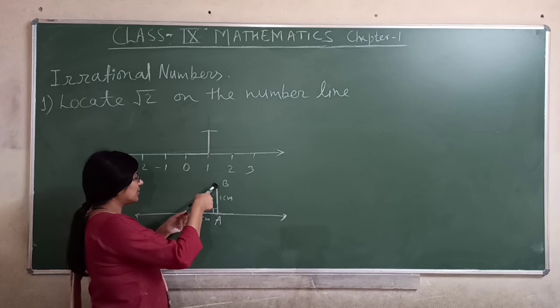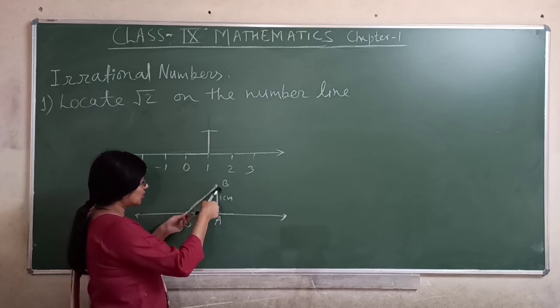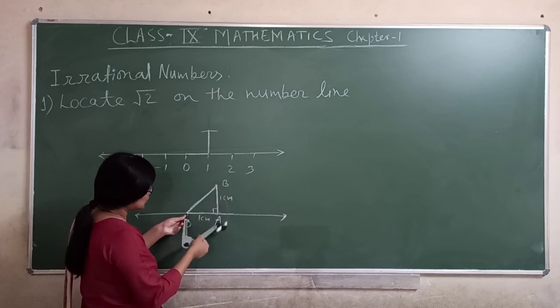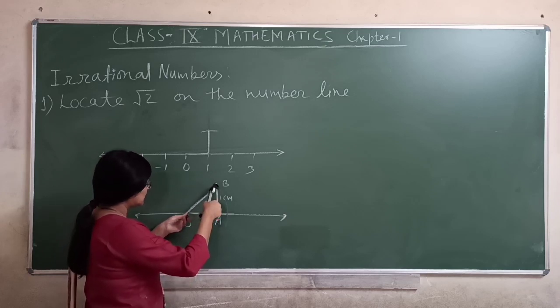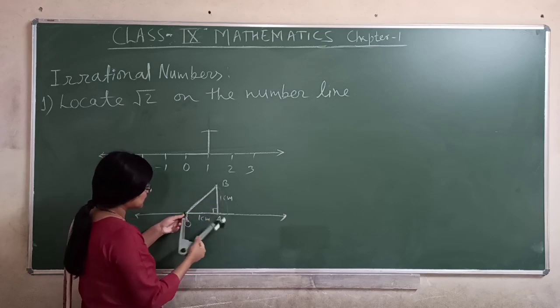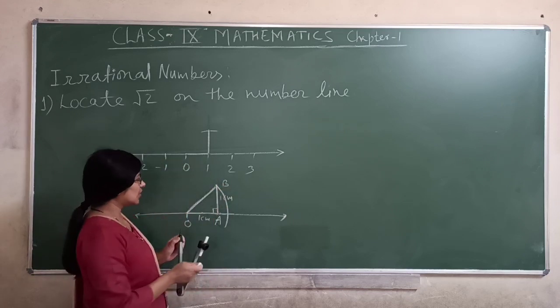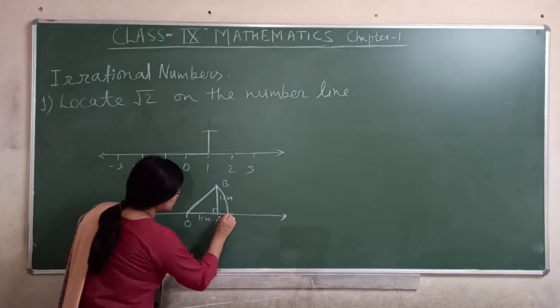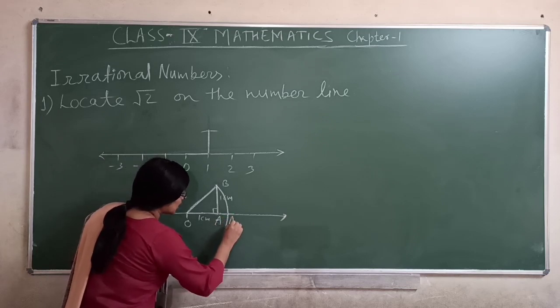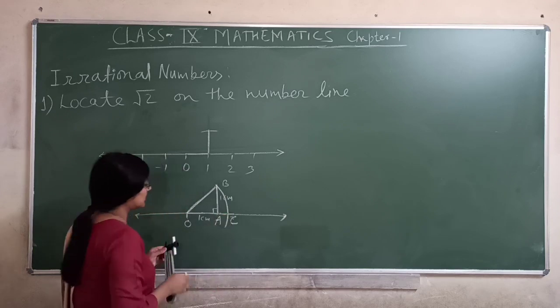Now rotate it like that. It will look like that, and the point where it meets the number line I am naming C.